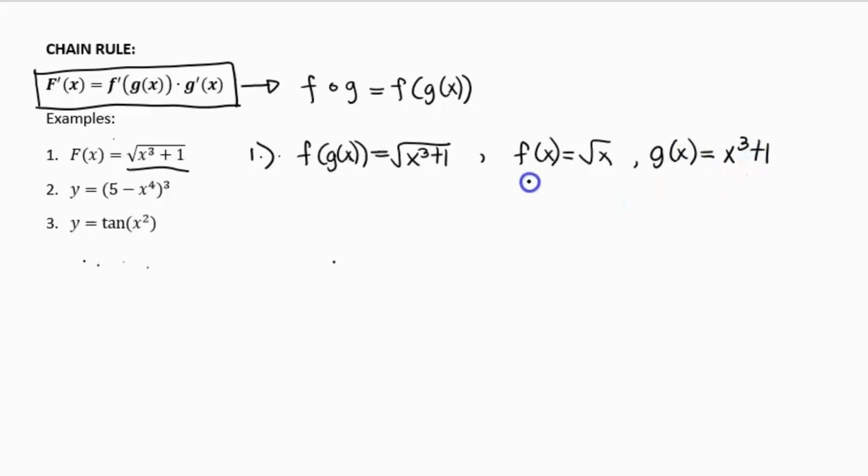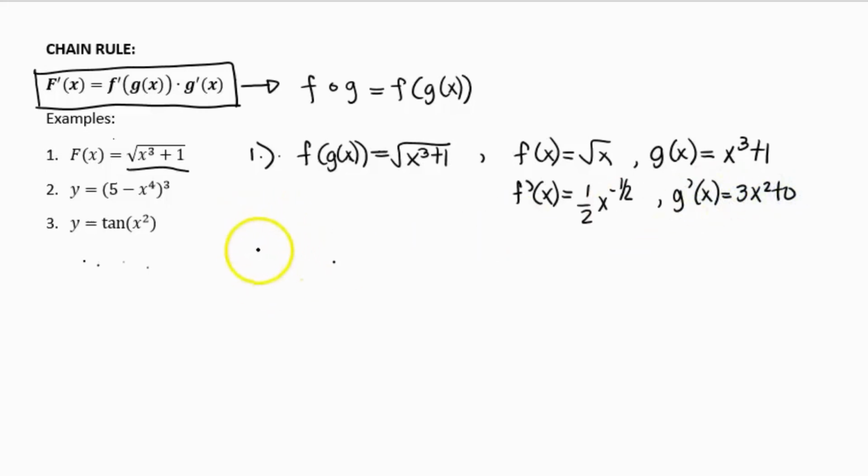We should also remember the derivative of the square root of x is 1/2 times x raised to negative 1/2, while g prime of x is equal to 3x squared plus 0.